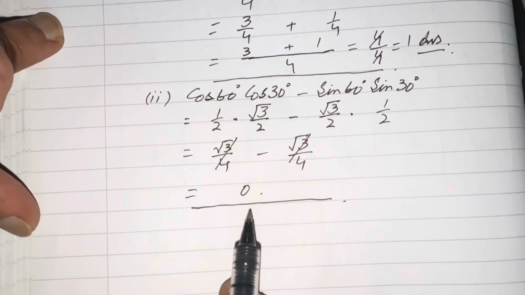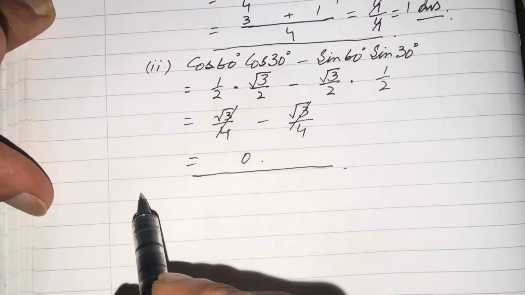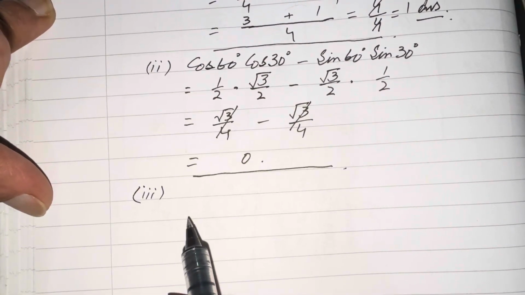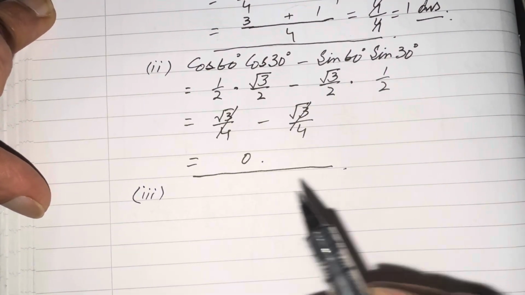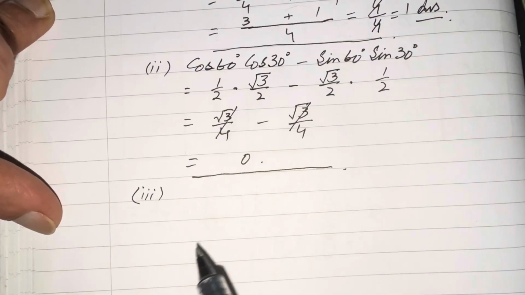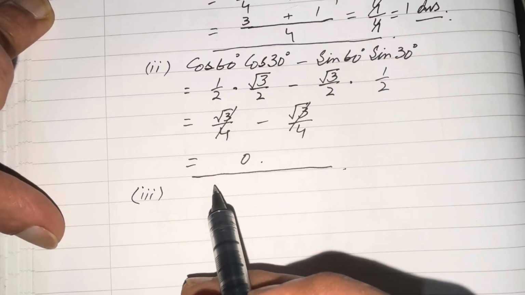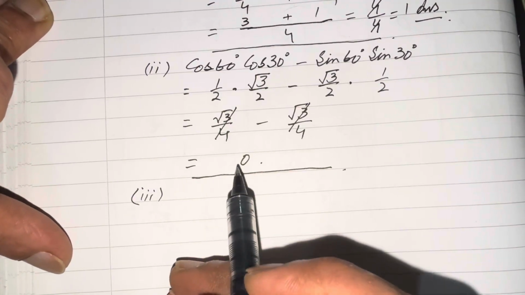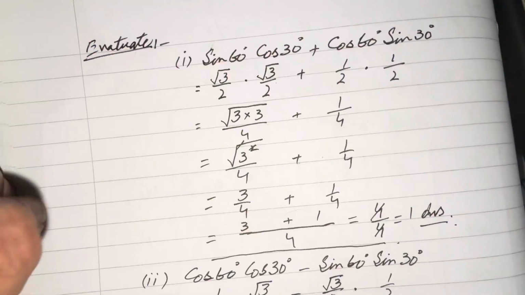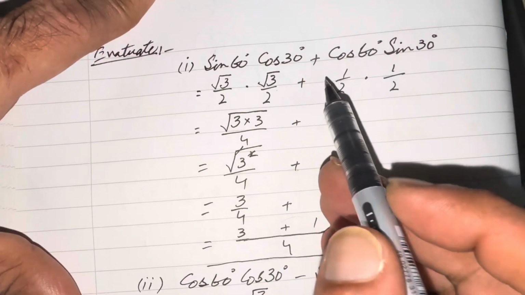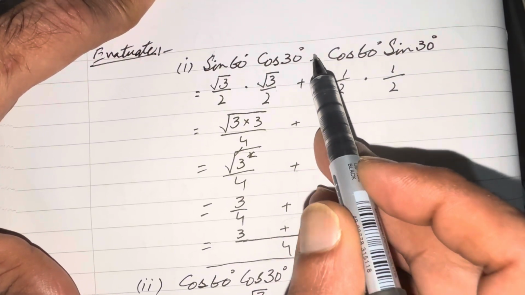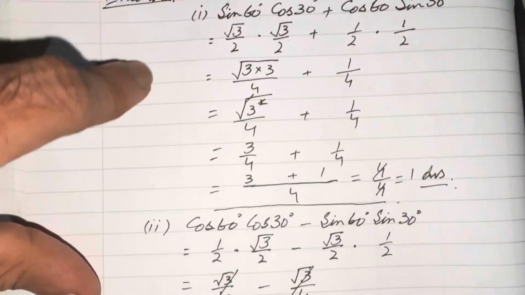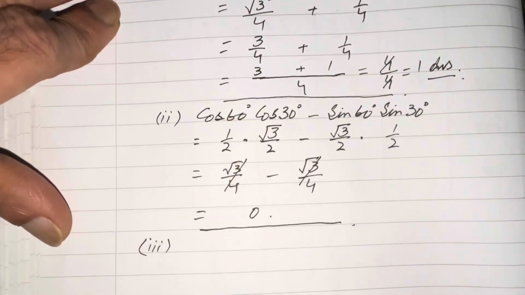So let's take another example, example number 3 or question number 3. Let's say sine 60 cos 30, just like question number 1 as we have done before, but now we are going to change this sign into subtract.